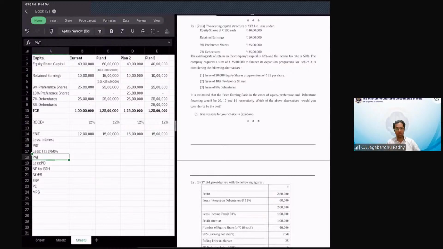Now, since I'm putting up the question in front of you, try to get up to the market price per share.